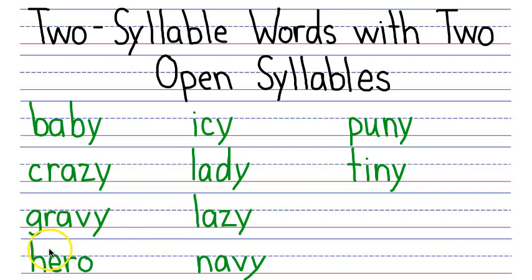Gravy, two syllables. Hero, two syllables. Icy, two syllables. Lady, two syllables. Lazy, two syllables. Navy, two syllables. Puny, two syllables. And tiny, two syllables.